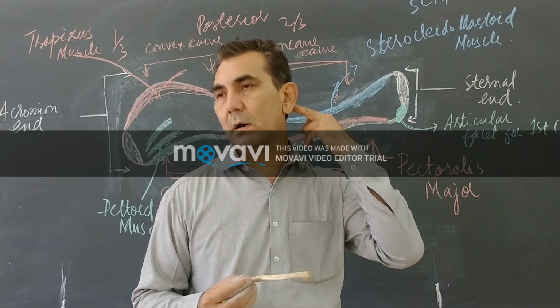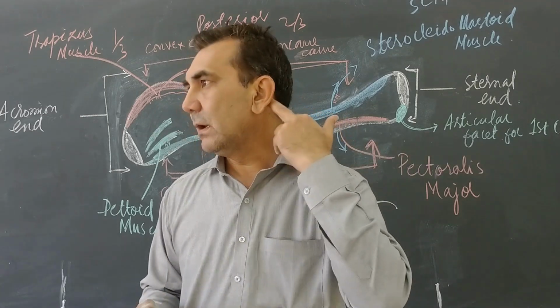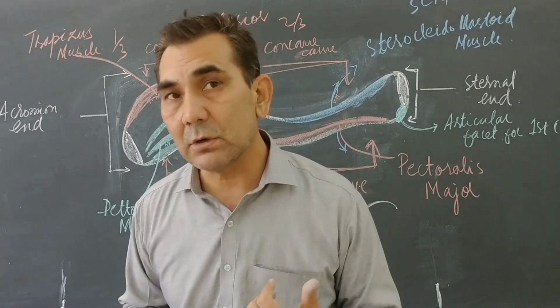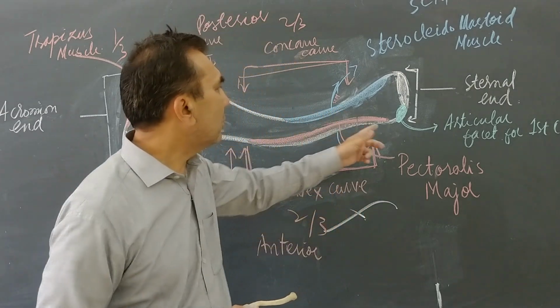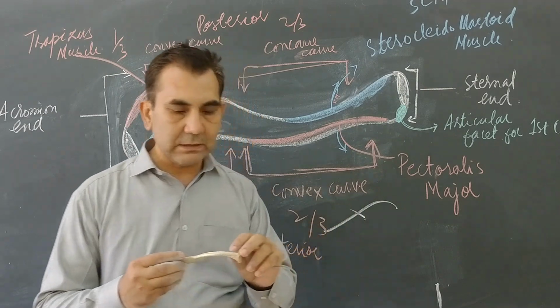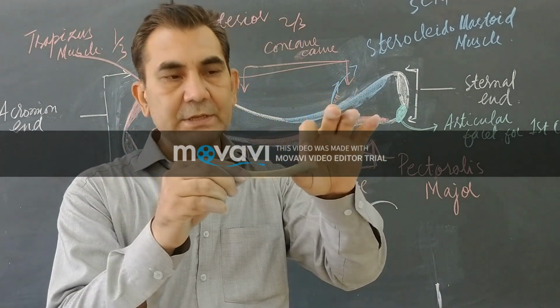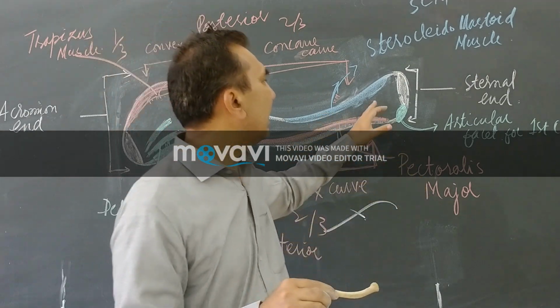goes to attach at the mastoid process of the temporal bone. There is another tubercle over here, for the attachment of the cervical fascia.